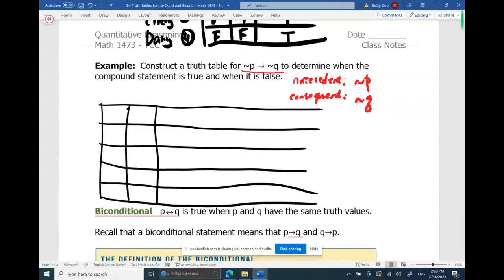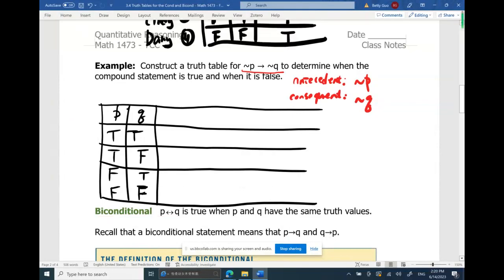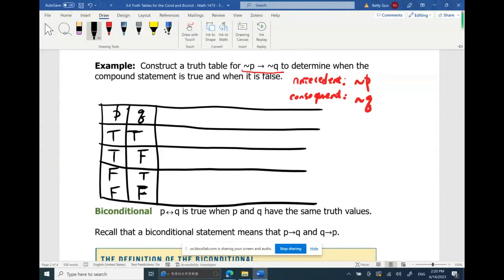Column 1, column 2, P and Q. TT, TF, FT, FF.